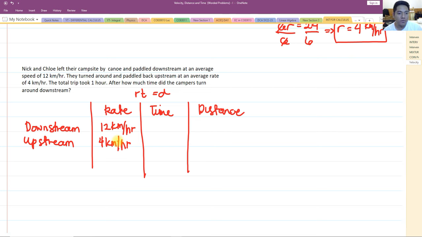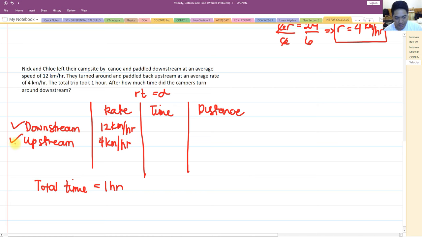So we don't know for sure the time of each leg. The total time is 1 hour, but the problem did not state how much time they traveled downstream and how much time they traveled upstream.